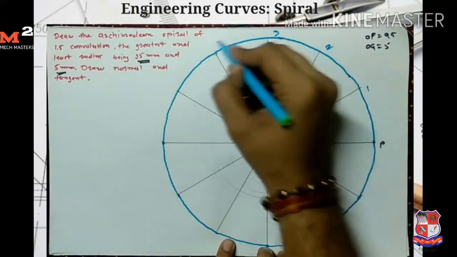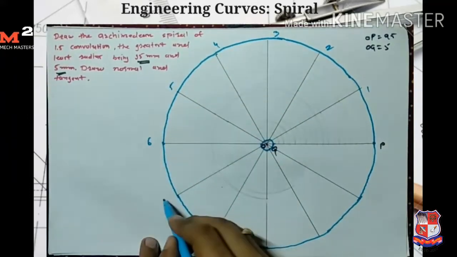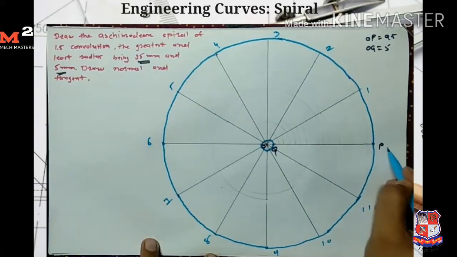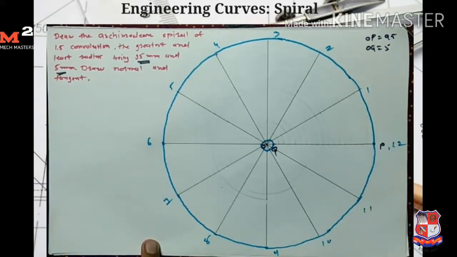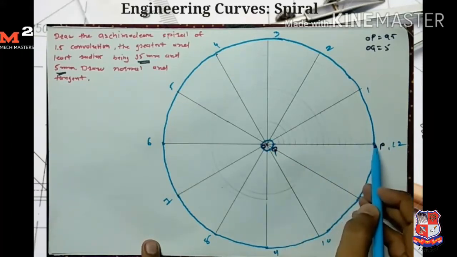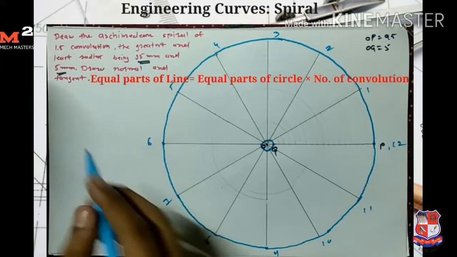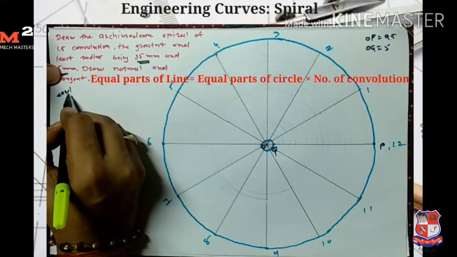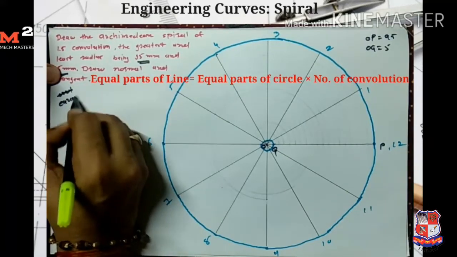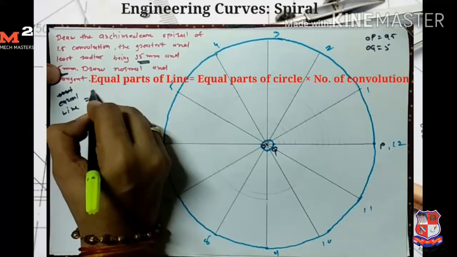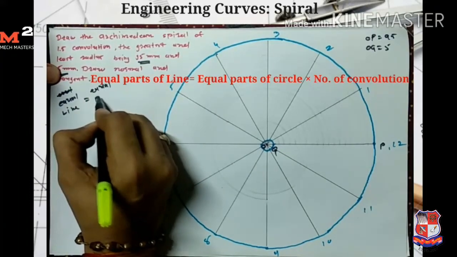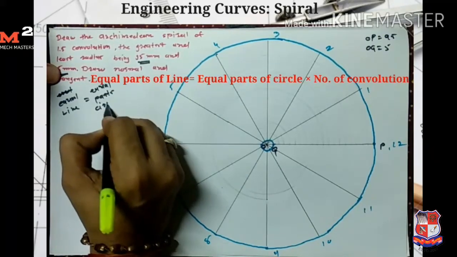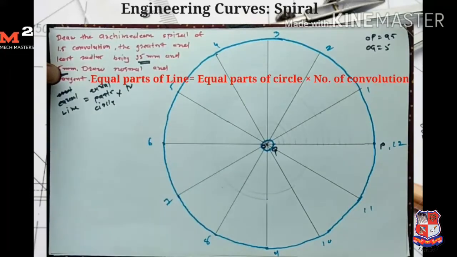Here the direction is not given, so I take the anti-clockwise direction and start the numbering from here: 1, 2, 3, 4, 5, 6, 7, 8, 9, 10, 11 and 12. Now I divide the line into equal parts by using an equation: equal parts of line is equal to equal parts of circle into number of revolutions.